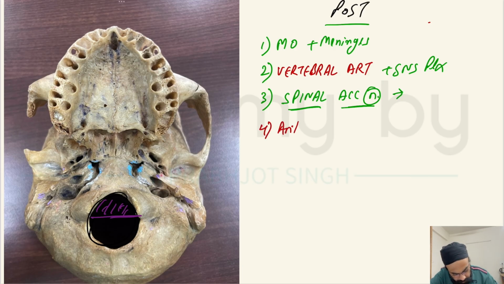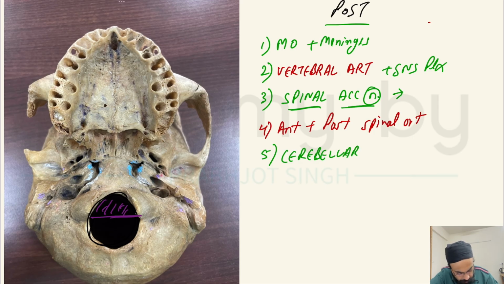Then you will have the spinal accessory nerve; basically the spinal component of the accessory nerve goes up into the cranial cavity. Then you will have the anterior and posterior spinal arteries, and then we will have the cerebellar tonsil, which is abnormal if present, it is not normal. So that is about the foramen magnum.